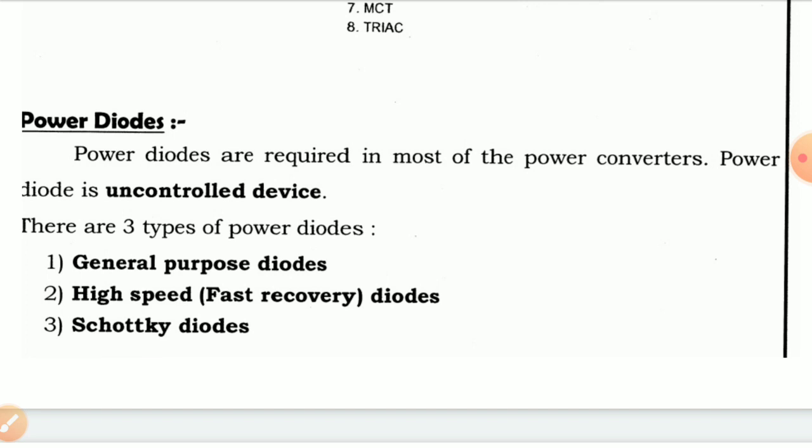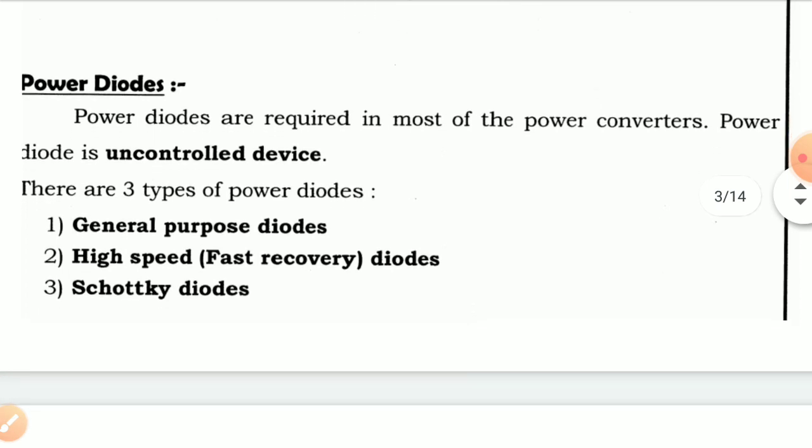Power diodes are uncontrolled devices. Why uncontrolled? The user cannot control its turn on and turn off. Any diode is an uncontrolled device: if it receives a higher polarity at the anode than the cathode, it switches on. That is why it is called an uncontrolled switch.